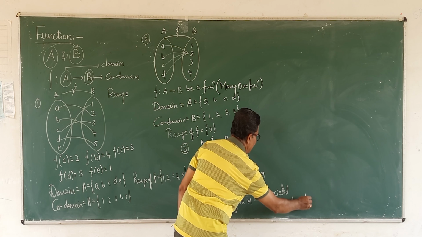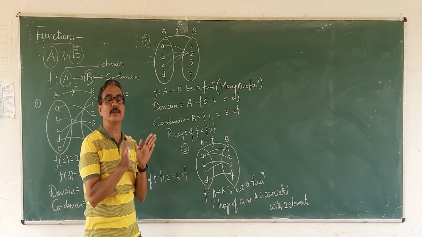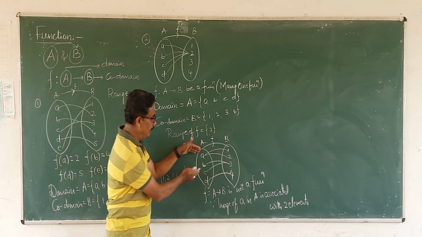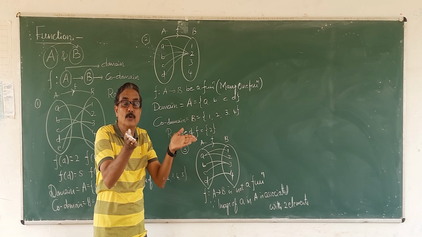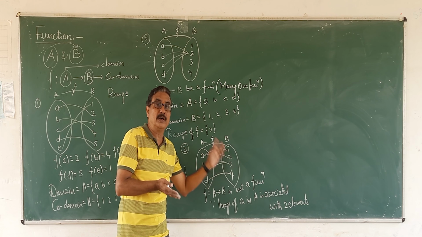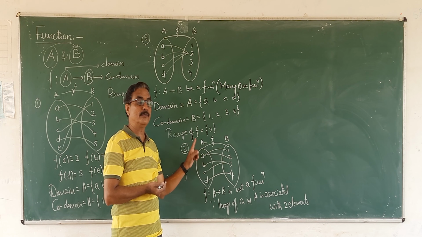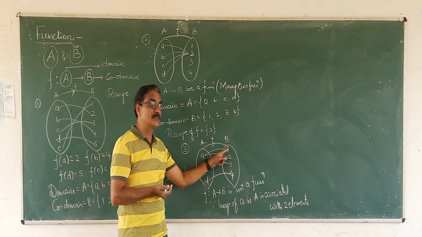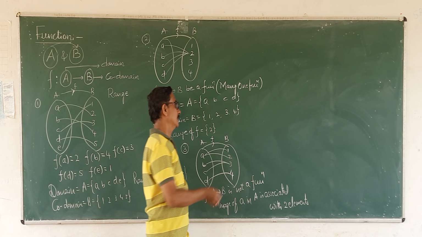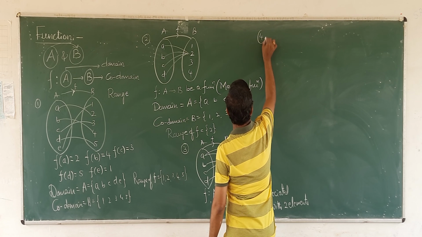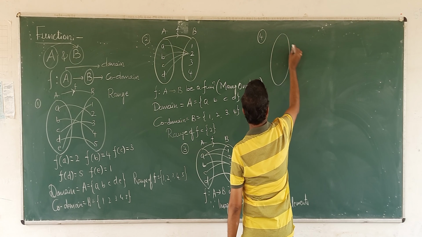From one element, two images cannot go. All the elements can meet at one place, but one element cannot split. So it is not a function because the image of element A is associated with two elements, therefore it is not a function. Clear students?